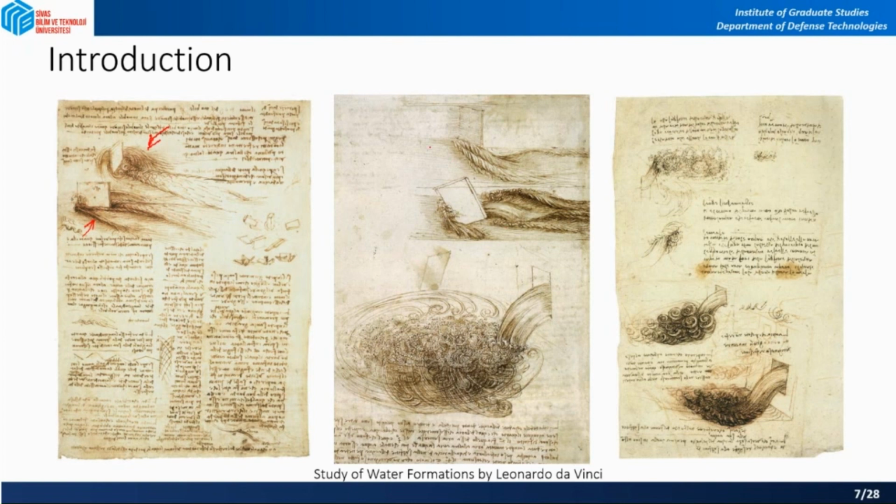Or here, there is a channel that the water drops from into a tank, and he was sketching it. All of these pictures that you are seeing are not very randomly drawn lines, and we will discuss all of these later.